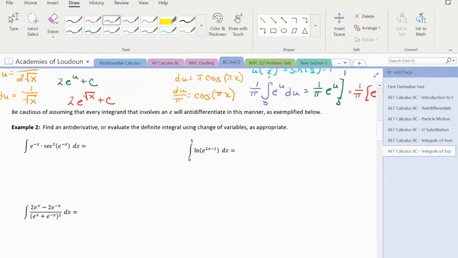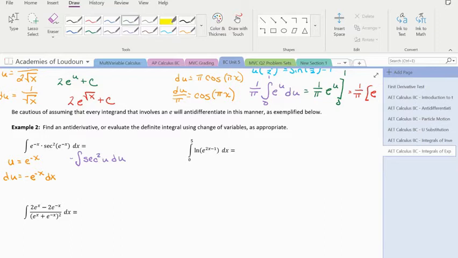Okay, so be cautious of assuming that every integrand that involves an e will antidifferentiate in this manner, as we can see in the following examples. So with example 2, I can see that it's not going to be an e to the u du type of situation, but if I choose my u to be e to the negative x, du is negative e to the negative x dx, which means I can rewrite this integral as negative integral of secant squared u du.